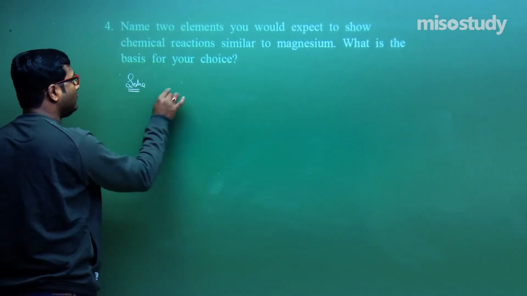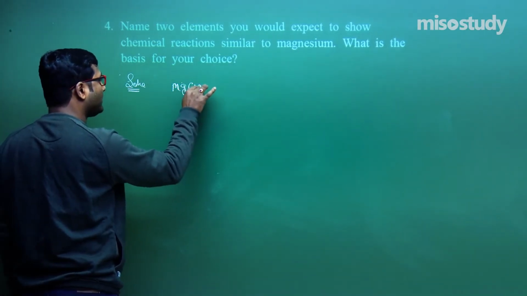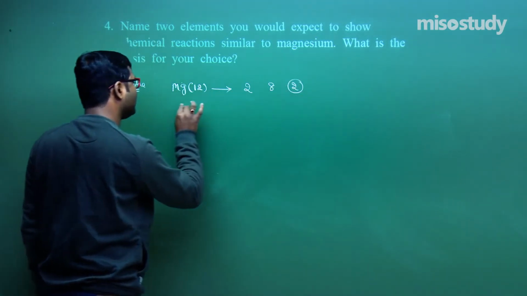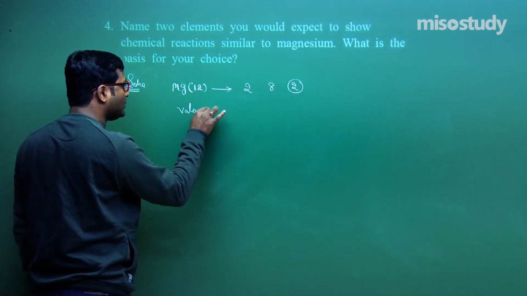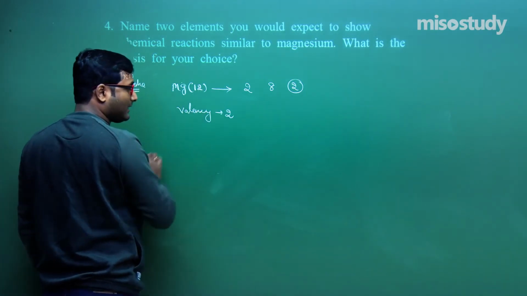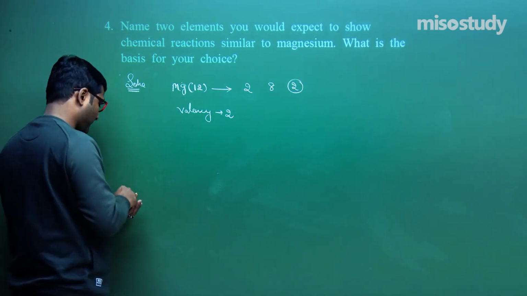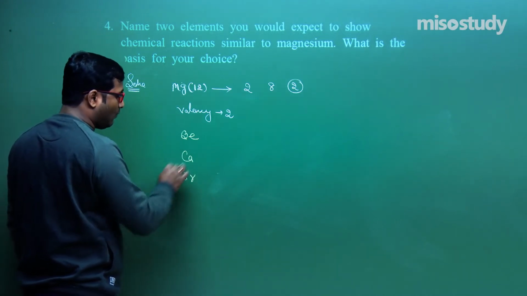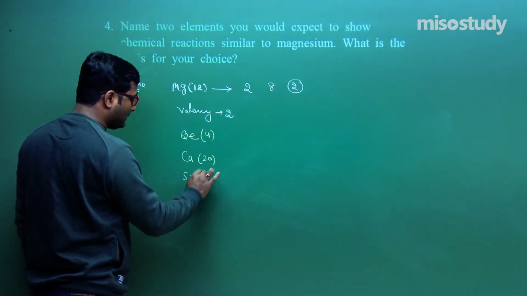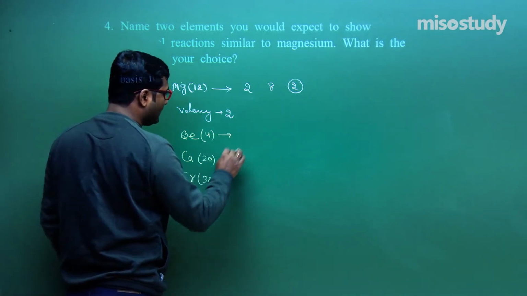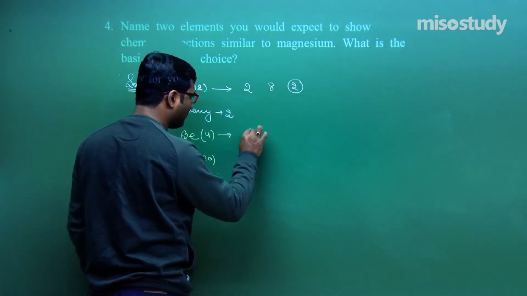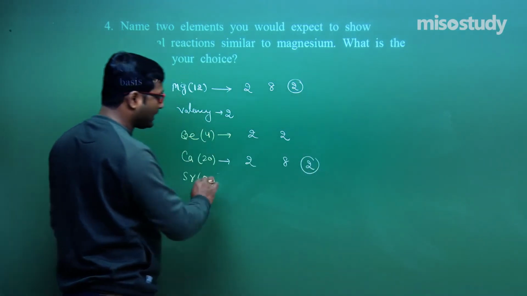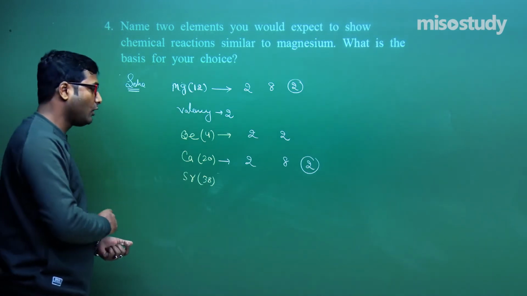As we know, magnesium has atomic number 12. That is, its electronic configuration can be written like this, 2, 8, 2. That is, the valency of magnesium is 2. Clear? Okay. If I take beryllium, calcium or strontium, what we observe is that the electronic configuration of beryllium is 2, 2, and calcium 2, 8, 8, 2, and strontium also similarly so on.